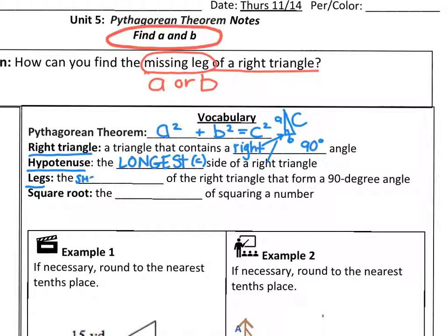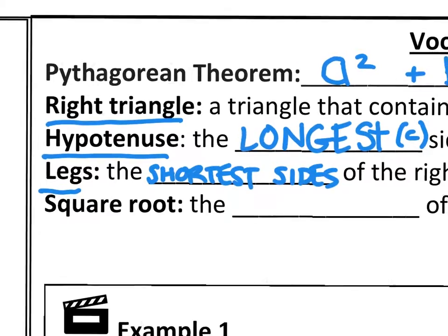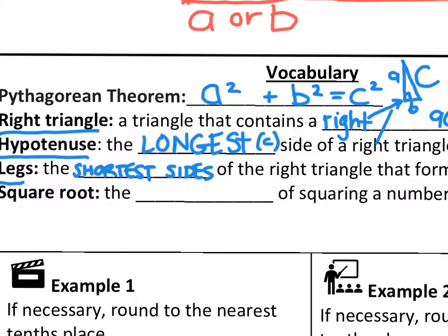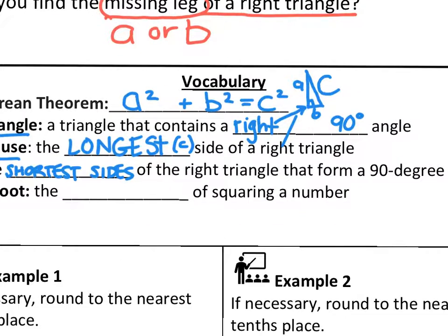So let's go ahead and write in the word shortest, and then we're going to write sides, the shortest sides. And I'll go ahead and zoom in on that so you can see it, the shortest sides of a right triangle. And we call these A and B. So we're going to go over just above, somewhere near 90 degrees, and we'll put A and B.